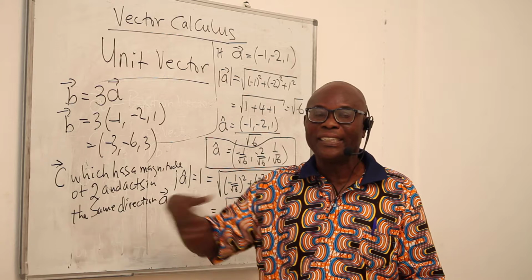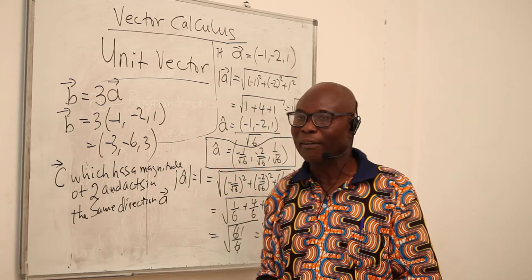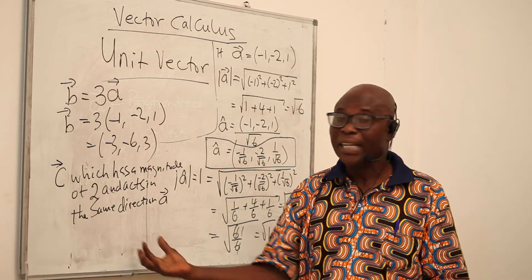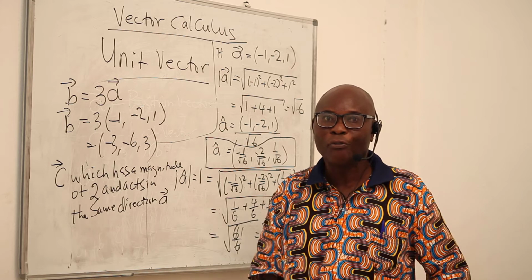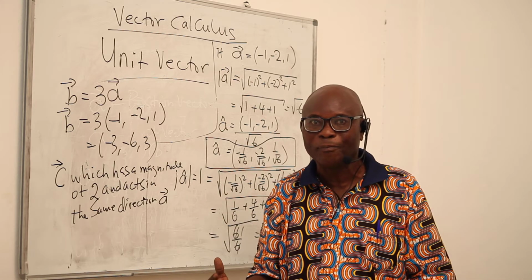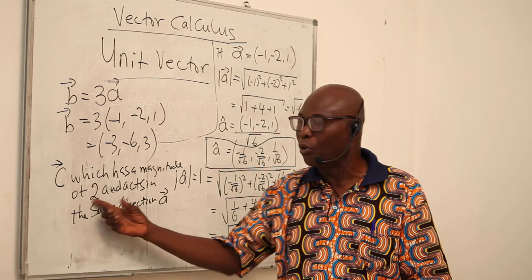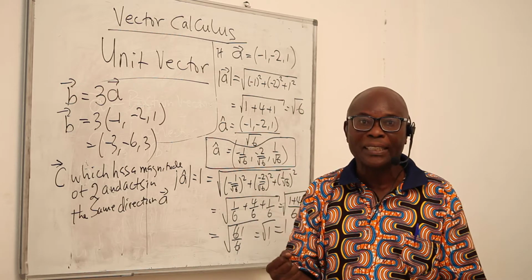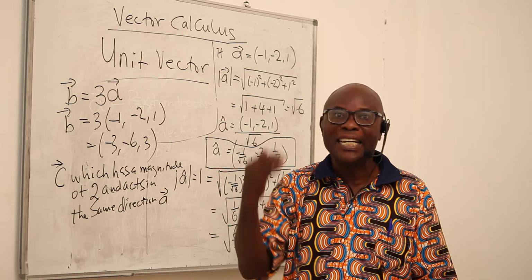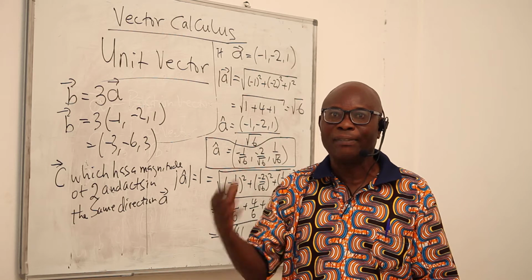Vector B is 3 times bigger than vector A. Now in the second scenario, we are asked to find a certain vector C which has a magnitude of 2, but we are told that this vector acts in the same direction as vector A.